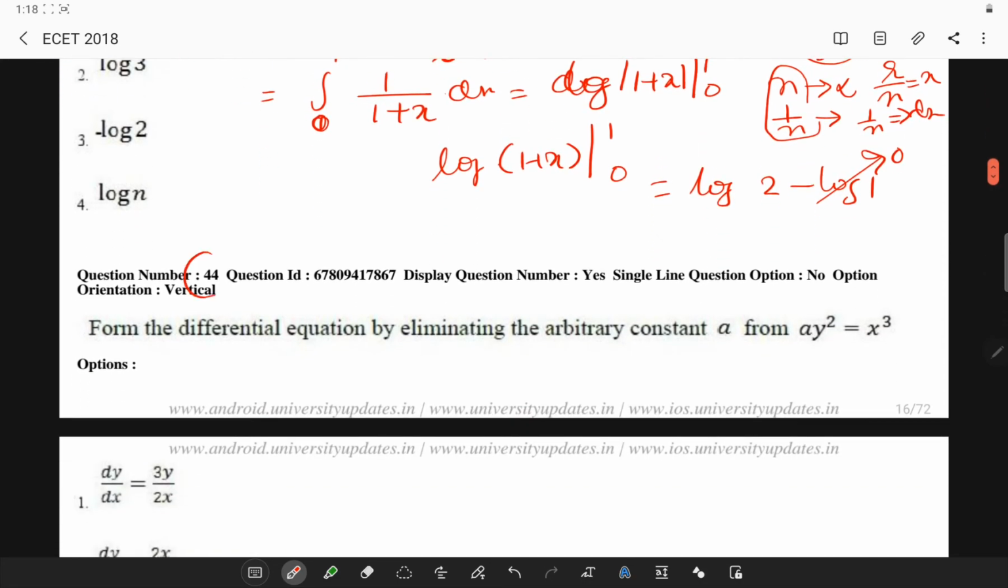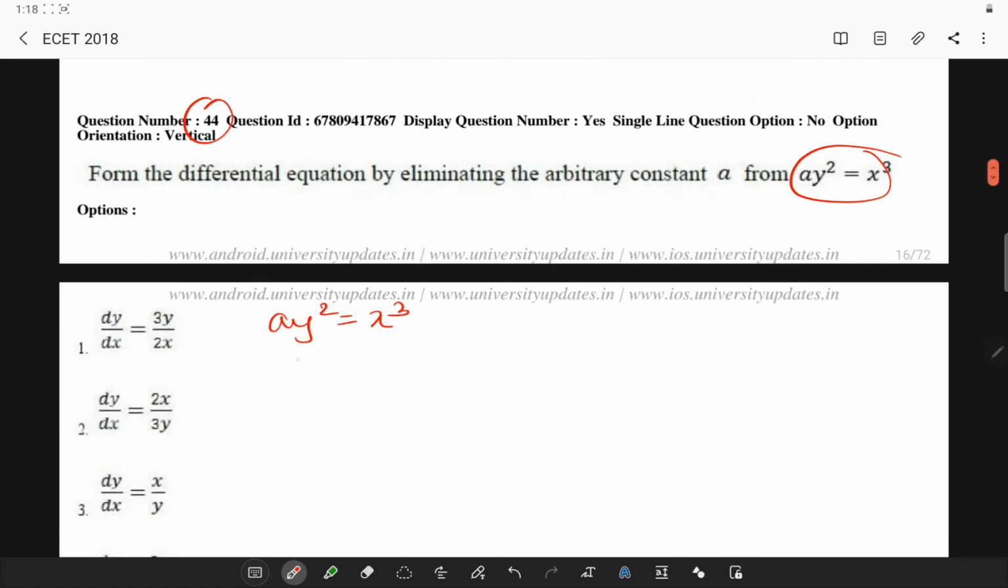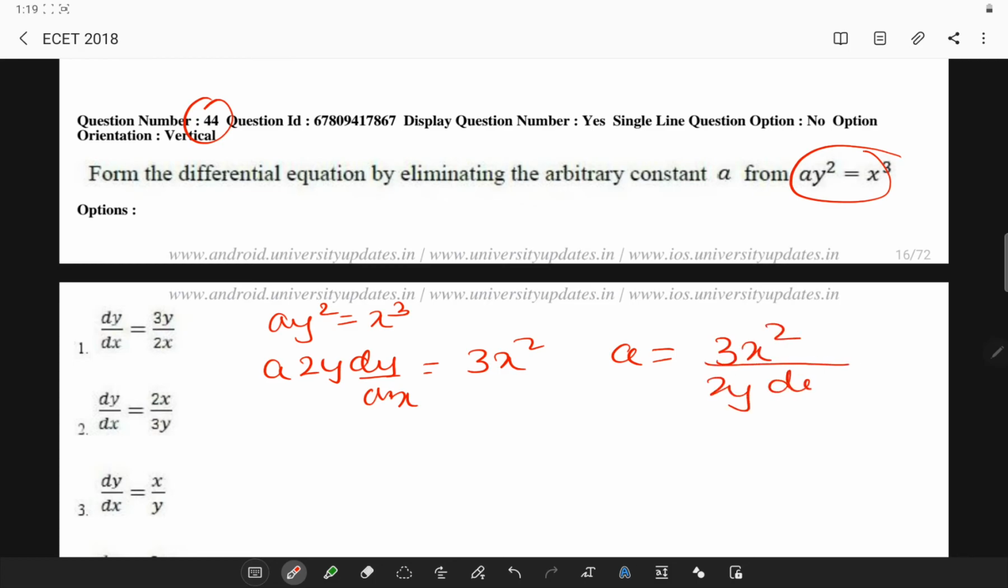So now let's get back to question number 44, in which we have the equation a y square is equal to x cube. So if I take the derivative, I'll be left with a into 2y into dy by dx is equal to 3x square, or I have a is equal to 3x square by 2y into dy by dx.